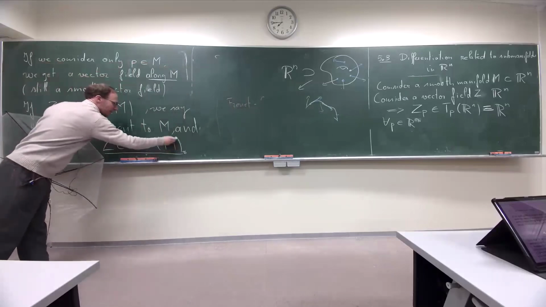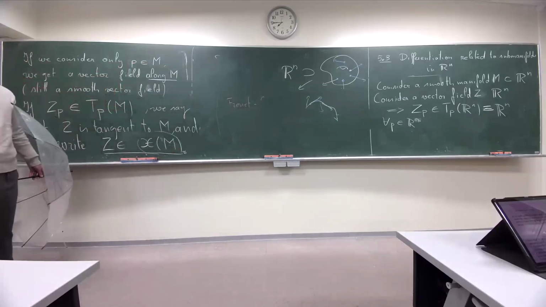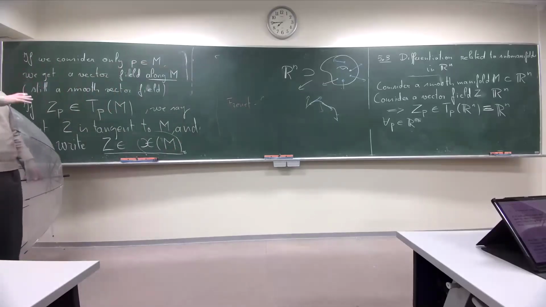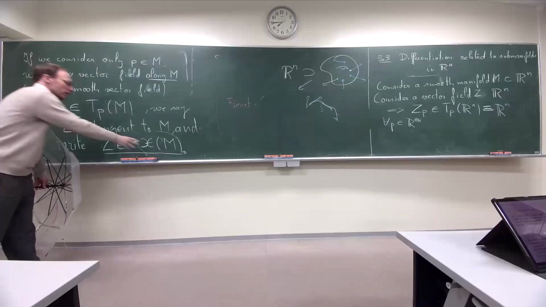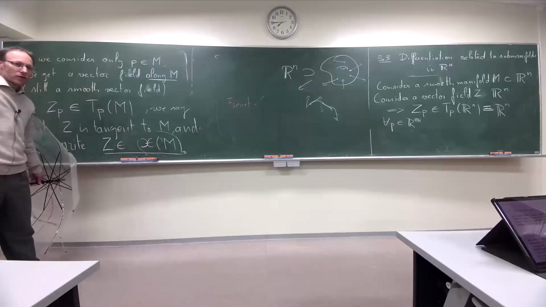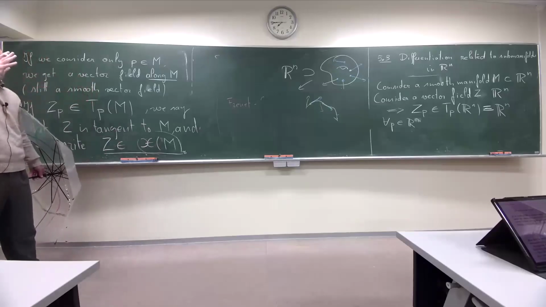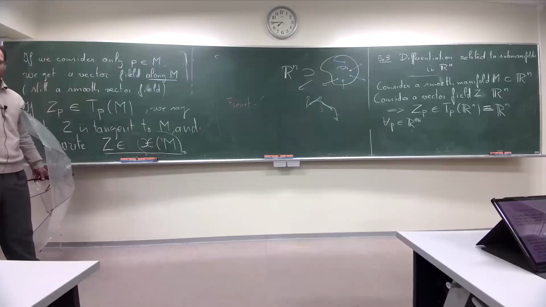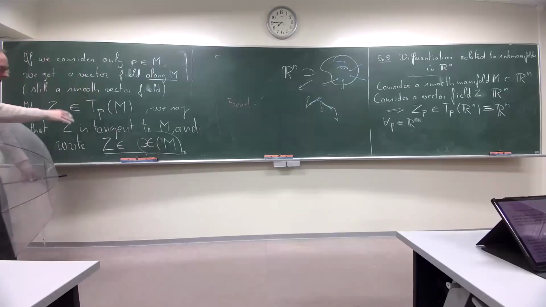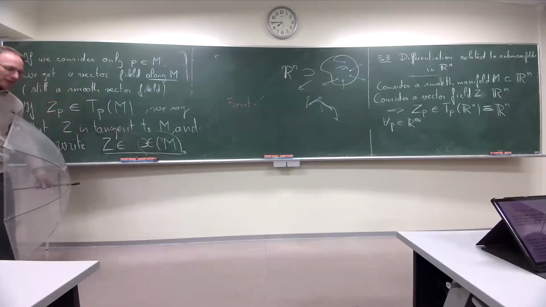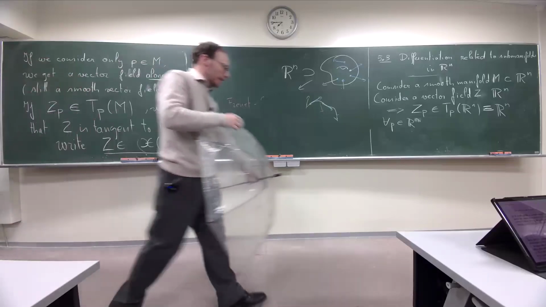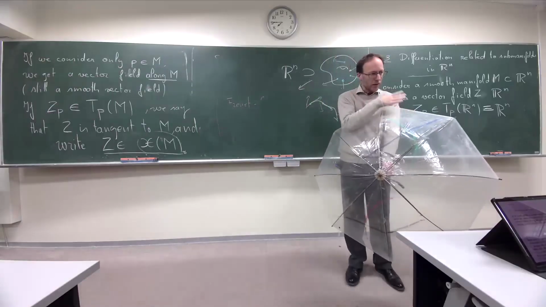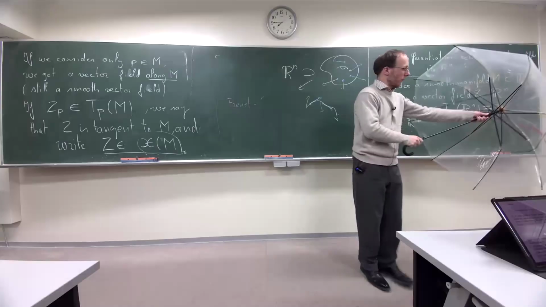Because I define this in the abstract framework where it's not represented. But it turns out that because everything is in Rm, when I introduce the tangent space in the abstract version, I also use that if we are in the concrete representation in Rn, we can really deal with vectors. It was a directional derivative. So this is a slight abuse of notation, but in fact, it's correct. So we say that this Z is tangent to M if at every point we have a vector which is really tangent to the manifold.